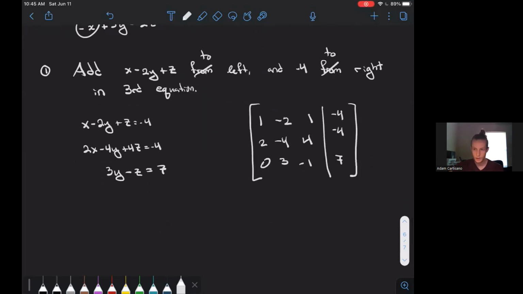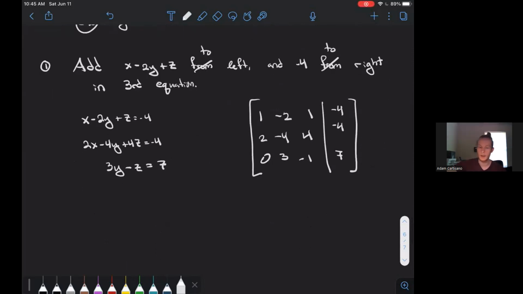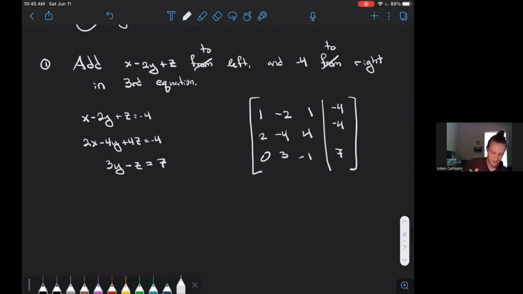For the next step, we'll try to manipulate the second equation. So we're going to take 2 times the first row and subtract it from the second row. 2 times it because, again, I want the x's to cancel. 2 times the first row is 2, -4, 2, -8.